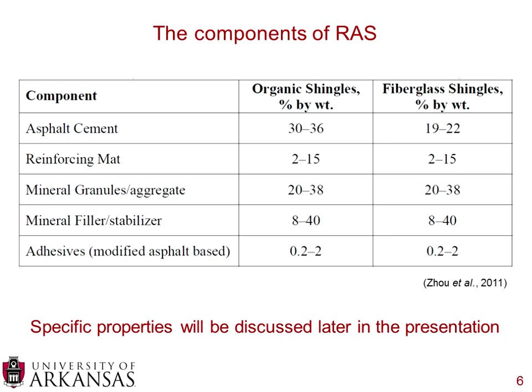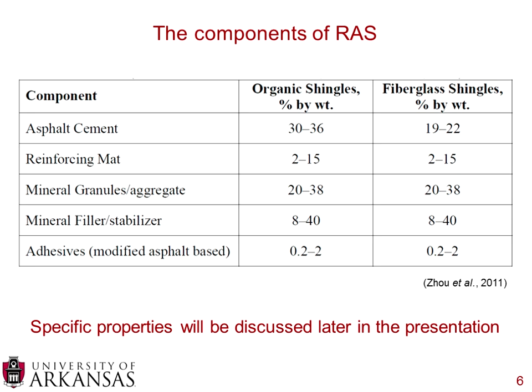The mineral granules or aggregate is approximately 20 to 38%, and the mineral granules and the mineral filler are actually mixed together with the asphalt cement, and that's what makes the shingles that we can see. And the second half of that, the mineral filler, is approximately 8 to 40%. And then any sort of adhesives that you need in order to have the shingles adhere to the roof is approximately 0.2 to 2%.